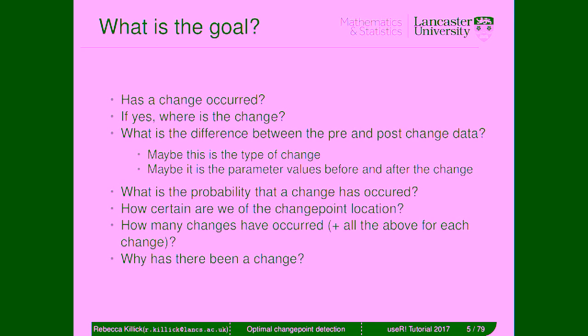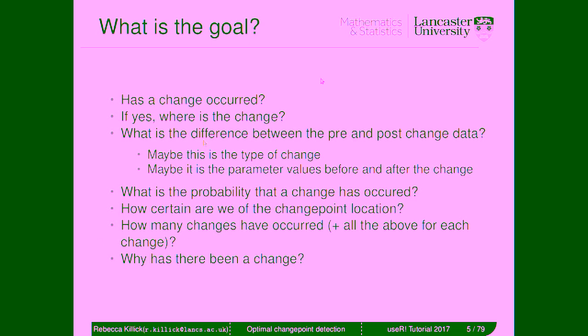And so generally when you do change point analysis, you may have several different questions that you want to ask of the data. Typically the first one is, has a change occurred at all? And if yes, people generally then want to know, well, where has the change occurred? Some people may be interested in the difference between the pre and post-change data. So in the mean example, they want to know what the pre-change mean was and what the post-change mean was.